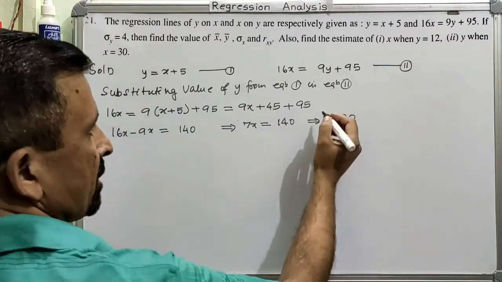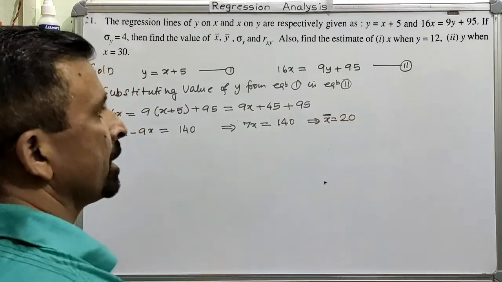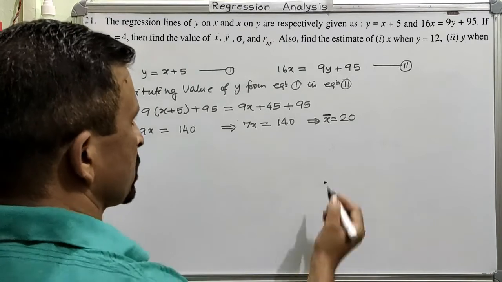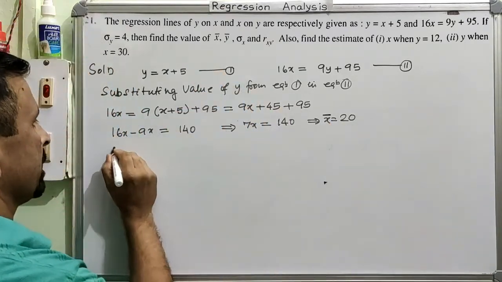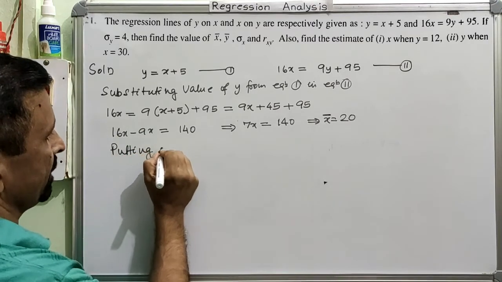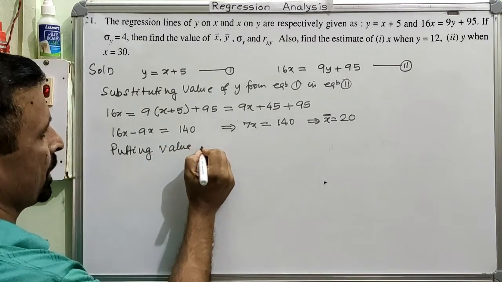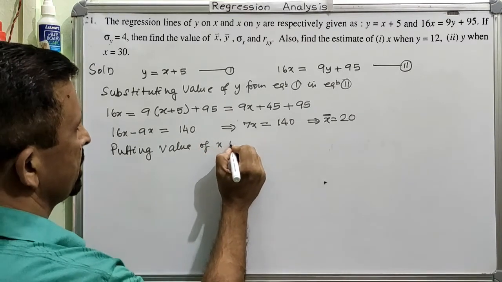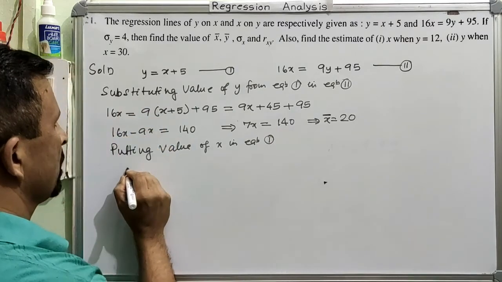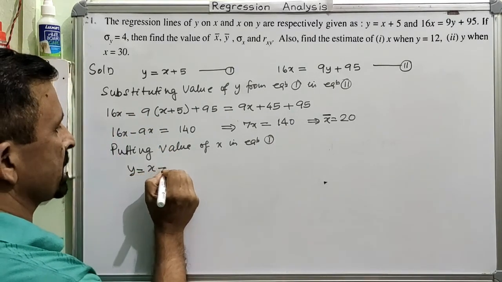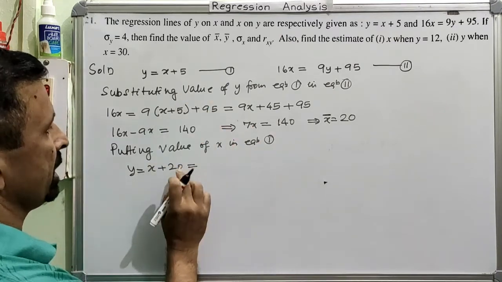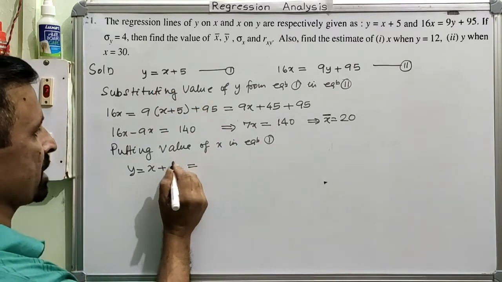So this is the value of your mean. Okay, the value of x will be your mean. Now we have to find the value of y. So we can put this value in equation number 1. Again, putting the value of x in equation 1, what do we get? y is equal to x plus 5.